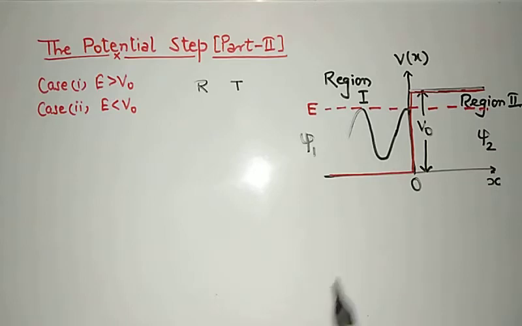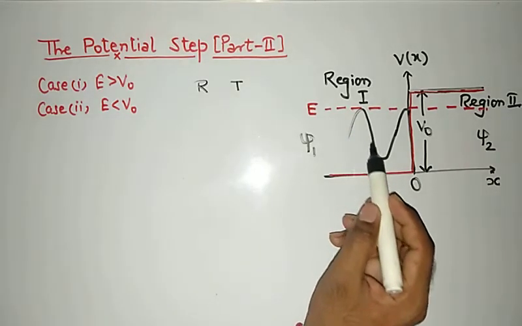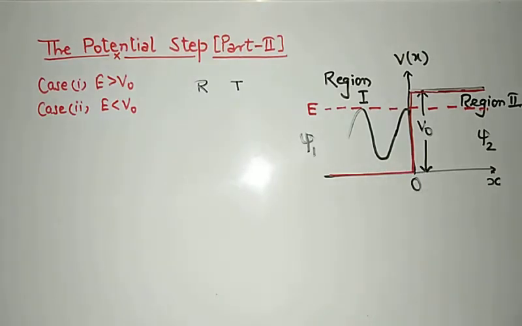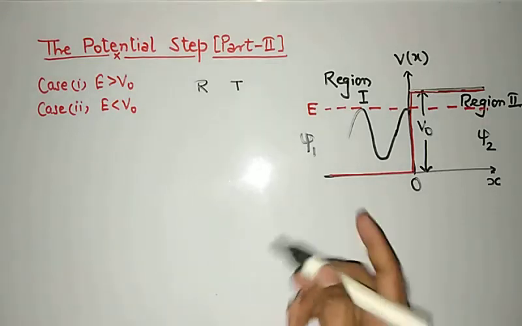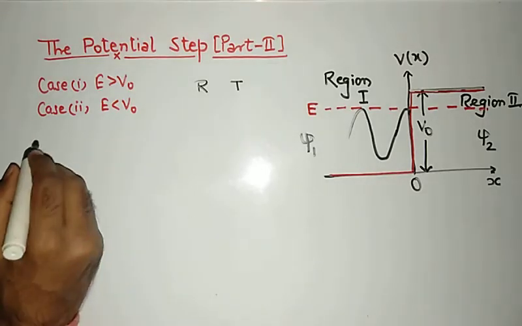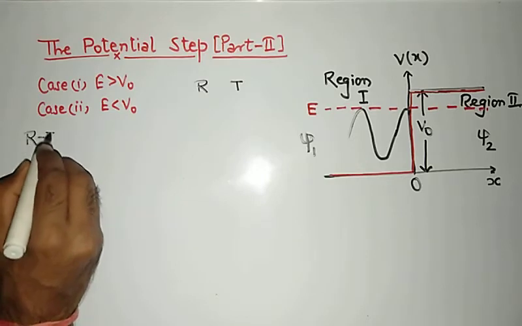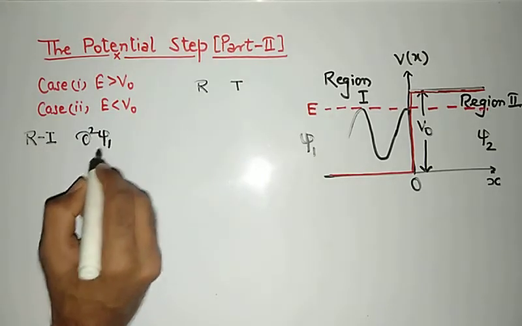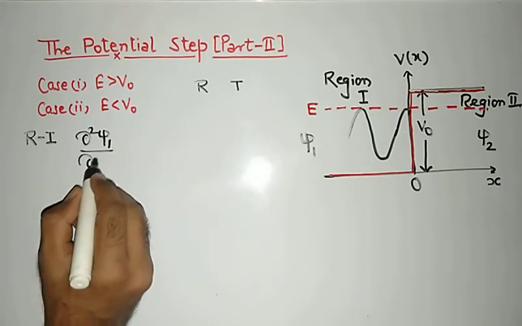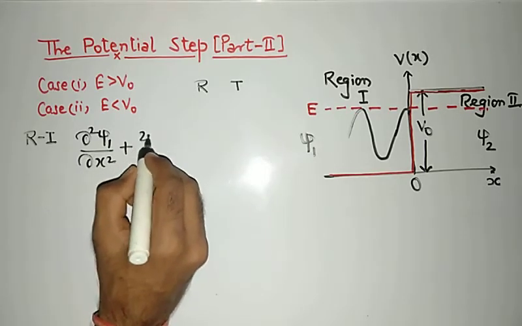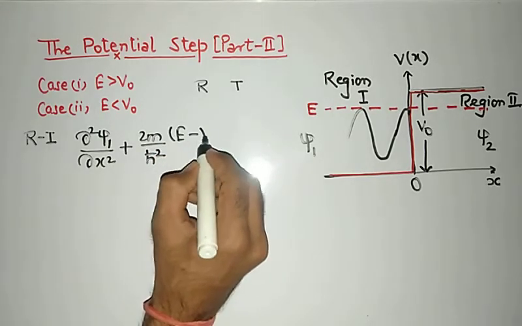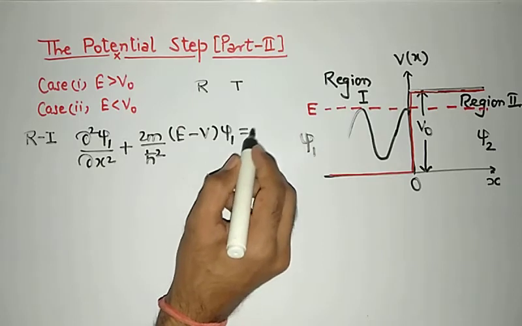Now we know that particle motion in quantum mechanics can be studied with the help of the Schrodinger wave equation. So we are considering one dimension. Write for region first the Schrodinger wave equation: del square psi 1 upon del x square plus 2m upon h cut square, E minus V, psi 1 is equal to 0.